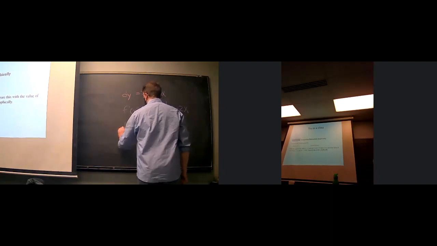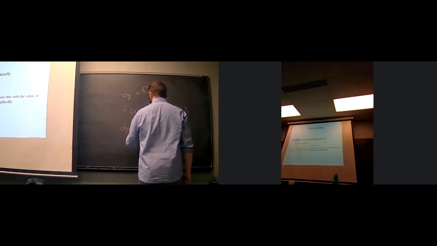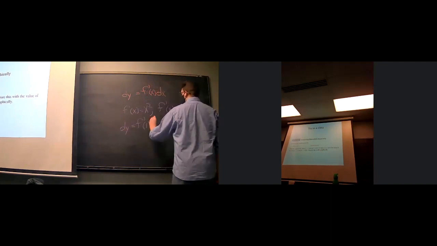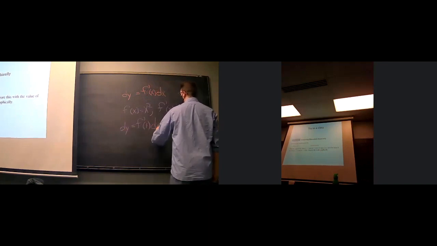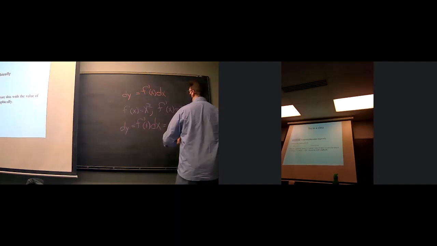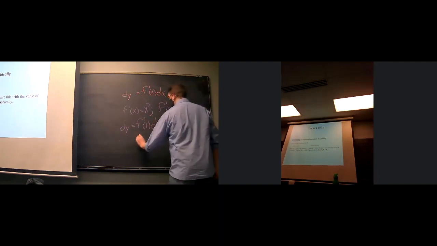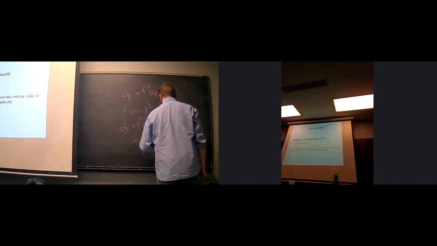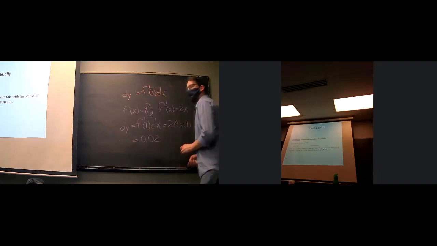So dy is going to be equal to the derivative evaluated at 1 times dx, or 2 times 0.01, which is going to come out to be 0.02, right?